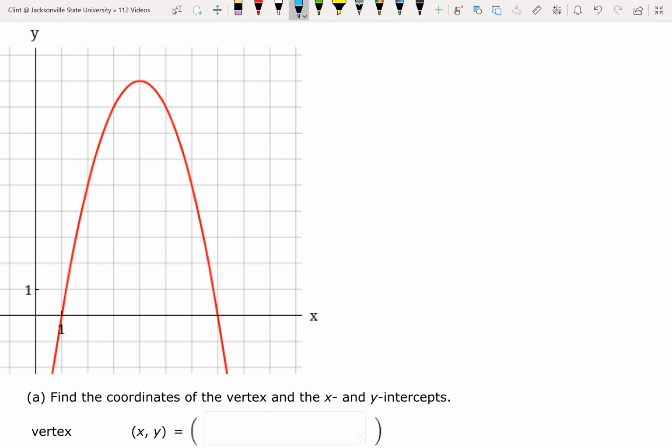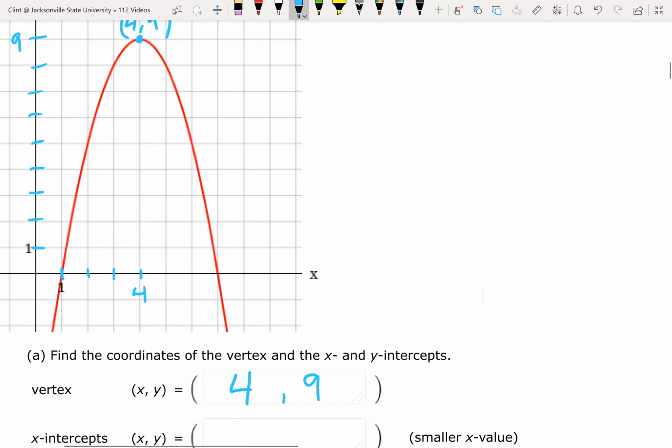So our vertex is at 1, 2, 3, 4 to the right, and then 1, 2, 3, 4, 5, 6, 7, 8, 9 up. I'm going to label those so we remember. Our vertex is at (4, 9). There's our vertex.